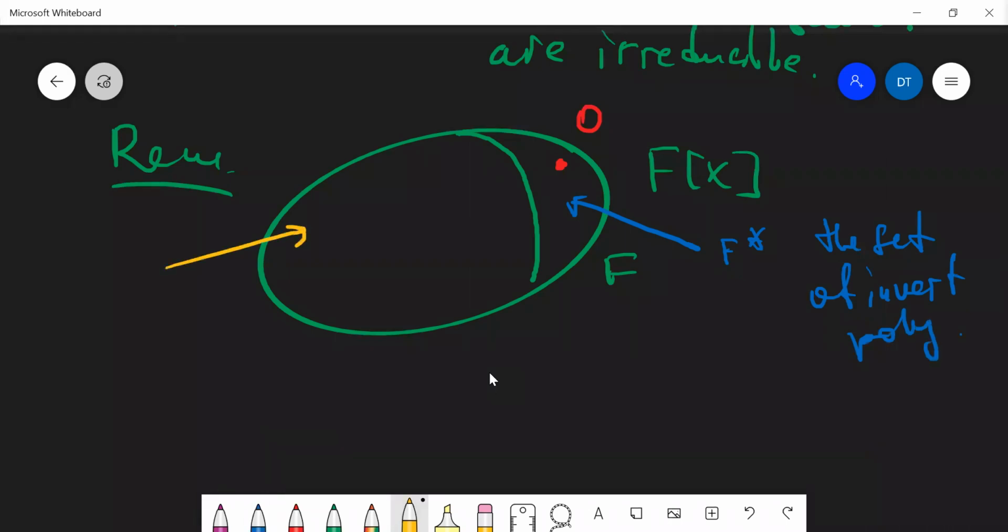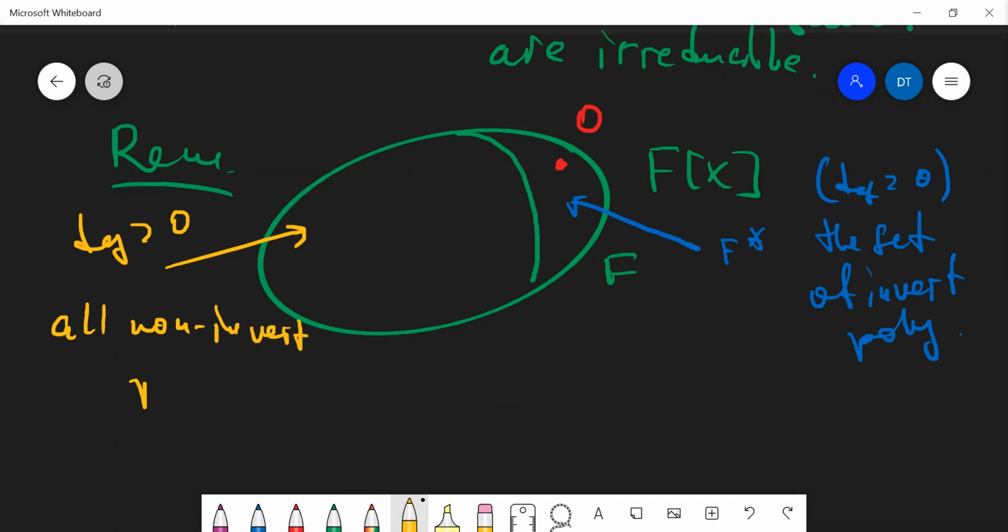And the blue set is precisely the set of polynomials of degree 0, and the yellow set is the set of polynomials of degree strictly larger than 0, and this is the set of all non-invertible polynomials. Now we divided the set of all non-invertible polynomials into two pieces.